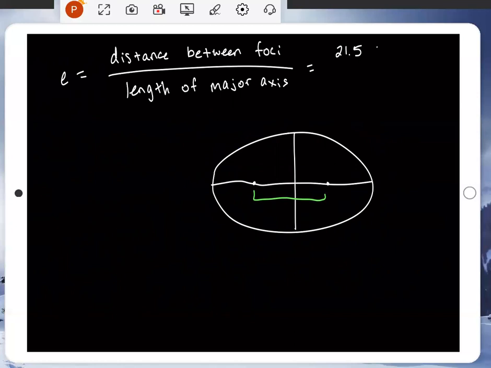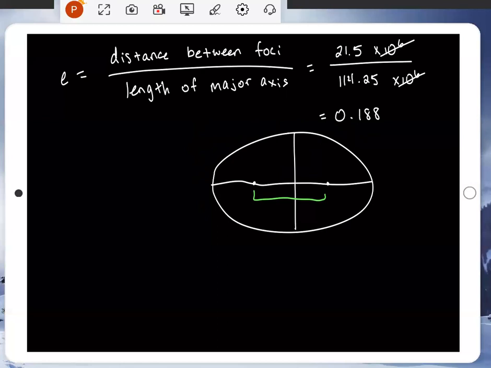If that's 21,500,000, then it'll be 21.5 times 10 to the 6th. And 114,250,000 miles is simply 114.25 times 10 to the 6th. My 10 to the 6th cancel. And if I do 21.5 divided by 114.25, I will get whatever you have there, 0.188.